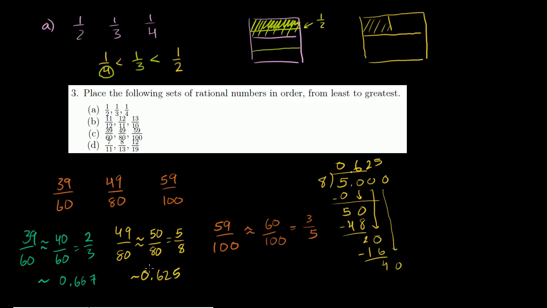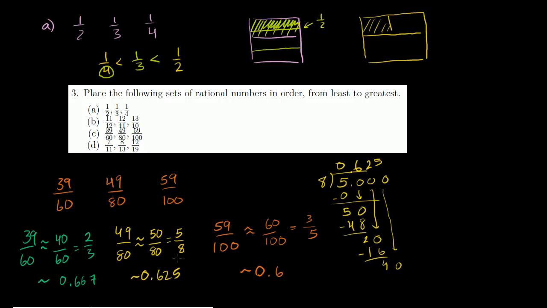Not exactly. It's a little bit less than this. And 3/5 is pretty straightforward. 3/5 is the same thing as 6/10, which is 0.6. So this is a little bit less than 0.6, this is a little bit less than 0.625, and this is a little bit less than 0.667.